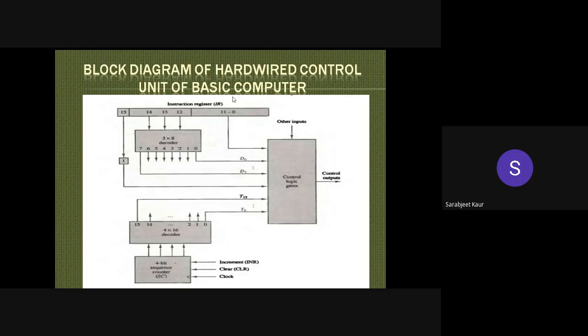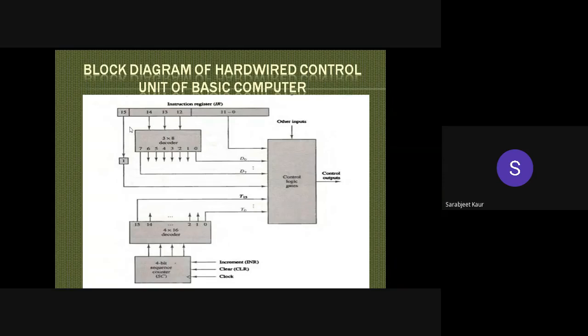Is this clear? Right? Accordingly, if you remember, the instruction register we had said consists of how many bits? It consists of 16 bits and three parts. The first part is of 12 bits, which is actually the address part, then the opcode, and the final single bit is reserved for the addressing mode, and it is called the mode bit.